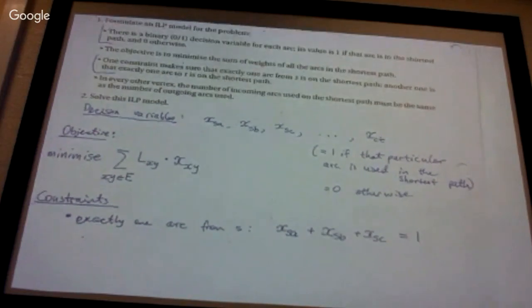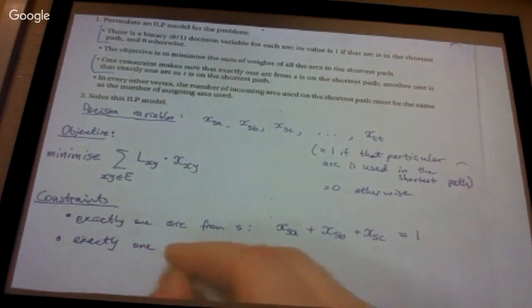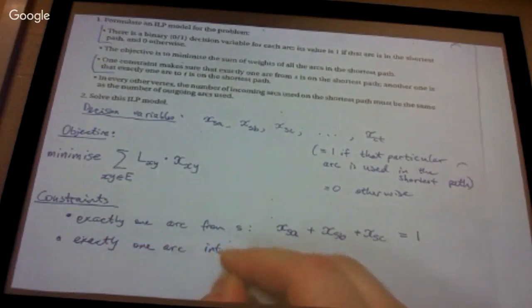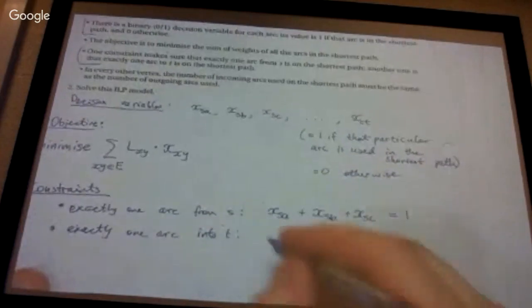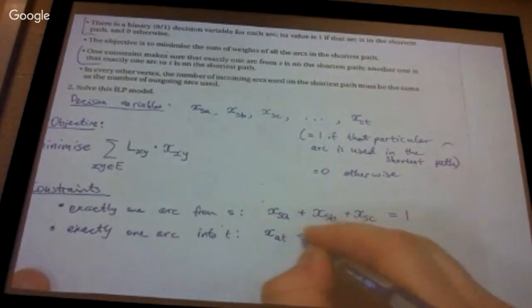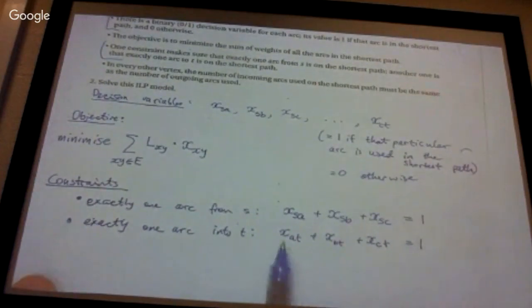And you also want exactly one arc into T. The arcs going into T are AT, BT, CT. So you want X_AT plus X_BT plus X_CT equal to 1. Again, this makes exactly one of them 1, and exactly one of the arcs used in the path.